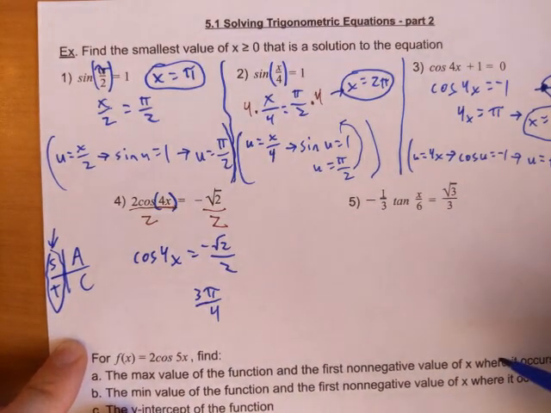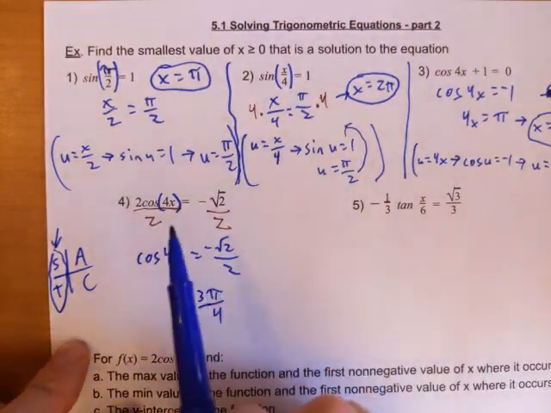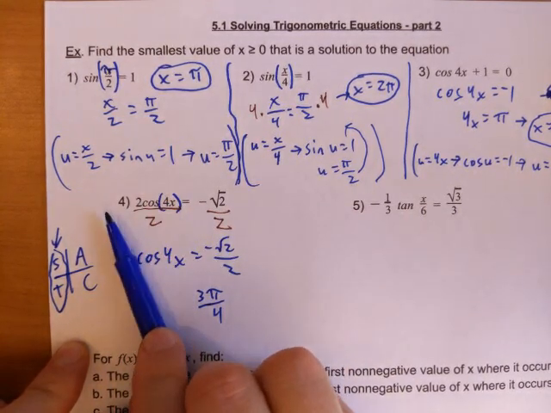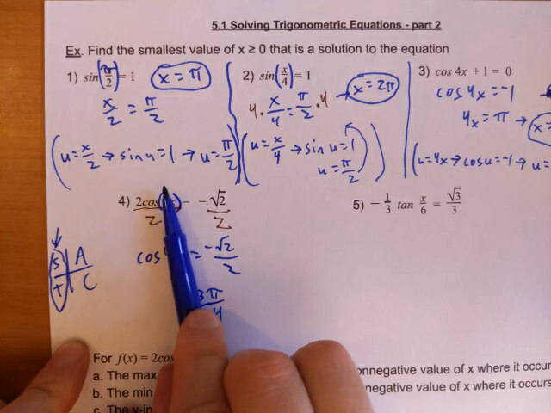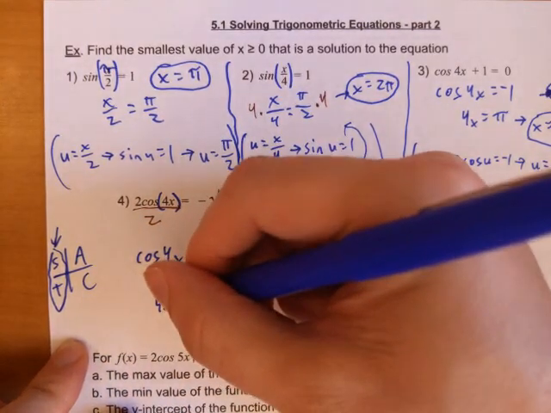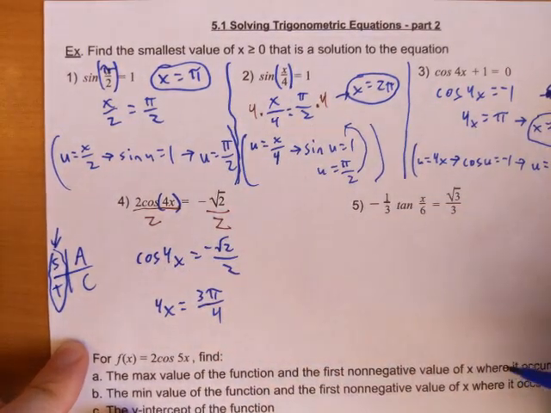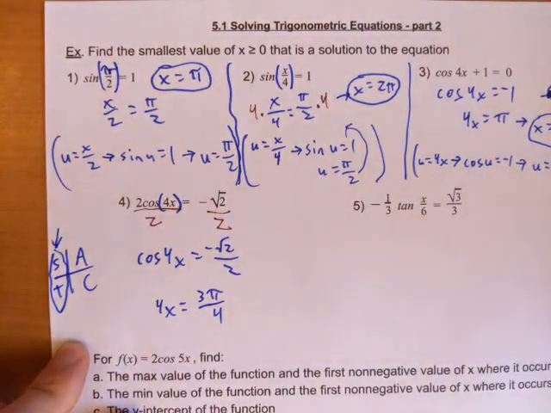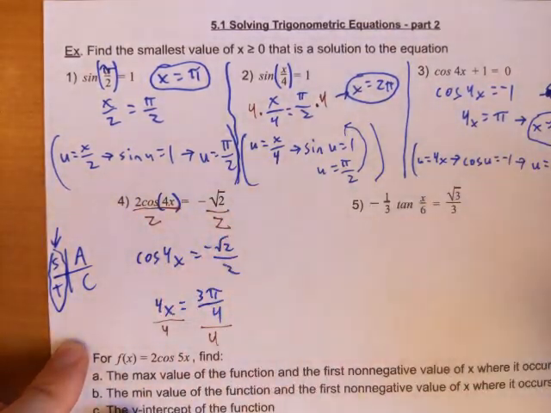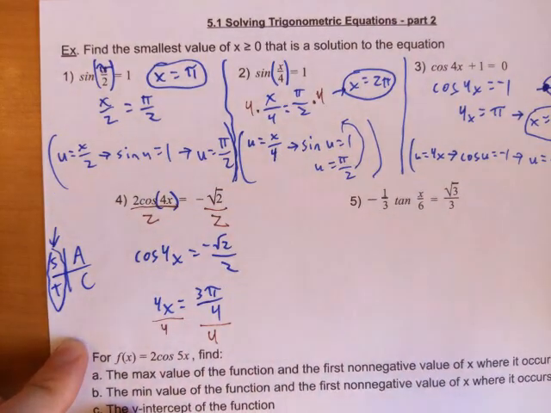But that's not the final answer. That's not what x equals. That's what needs to be behind my pen right here. That 4x, what I'm taking the cosine of, needs to be 3 pi over 4. So I've got 4x equals 3 pi over 4. And so then I need to divide both sides by 4. Just make sure you're careful with those complex fractions there.